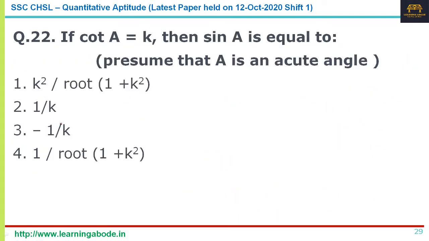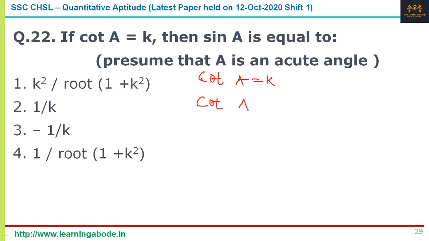Question 22: if cot A equals K, then sin A is equal to what? It's been given that A is an acute angle. So cot A equals K. What is cot A?